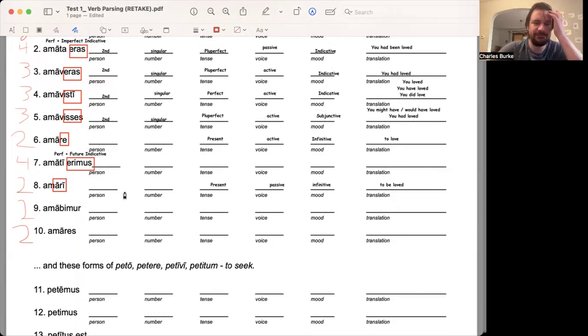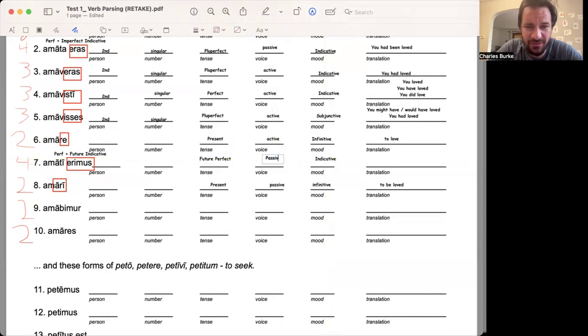So the perfect plus the future is how you get future perfect, right? Naturally enough. The mood is indicative because erimus is indicative. And the voice is passive because it's fourth principal part.